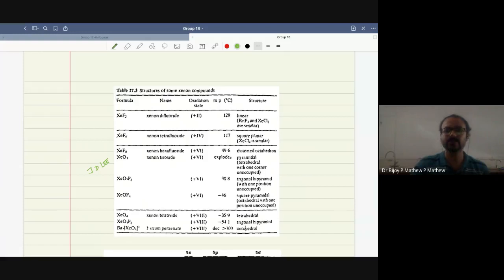So use the VBT and VSEPR theory, both. Just don't stop at VSEPR; try to use VBT also. It gives you a lot of practice. Now try to find out whether you are arriving at the structures mentioned in this table. All of you have to practice on your own these different structures of oxides and get to their corresponding shapes.